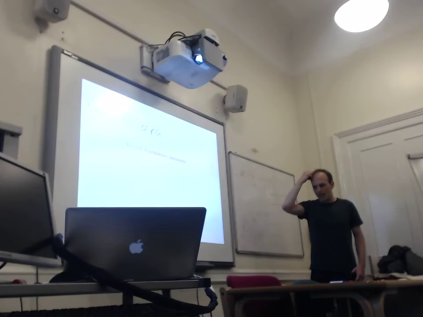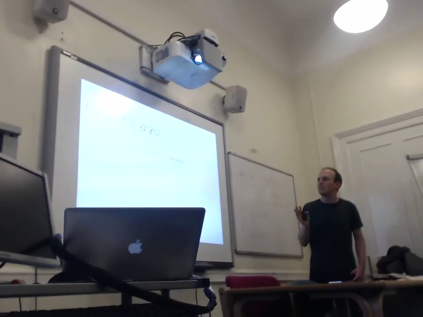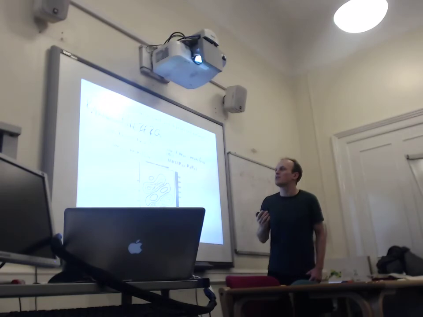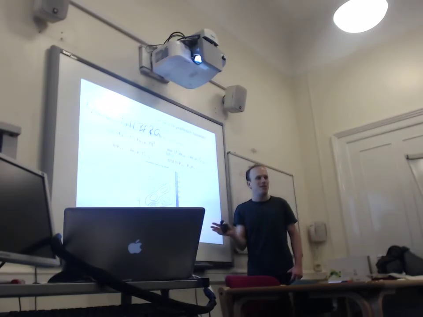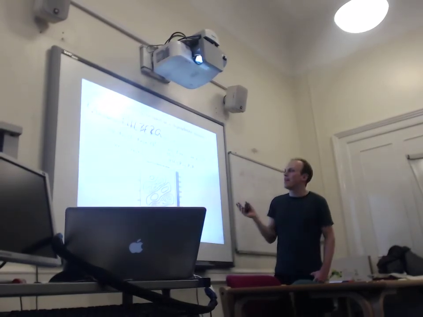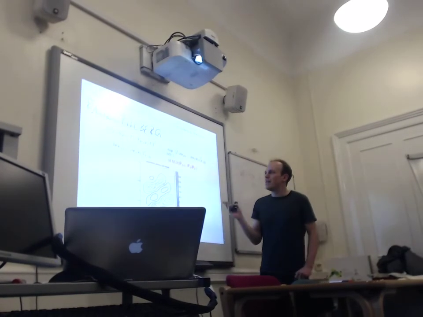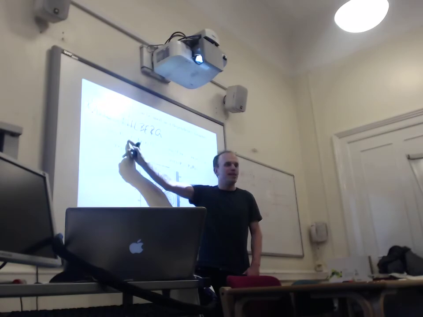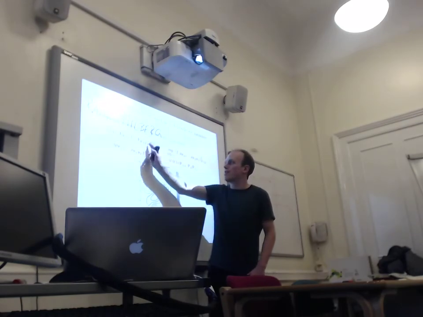So the next point that I'm going to talk about are kernel dependence measures. Just as a reminder, a couple of lectures ago we talked about using the maximum mean discrepancy to tell whether x and y are dependent. So x and y are dependent when the joint distribution, Pxy, is different to the product of the marginals.